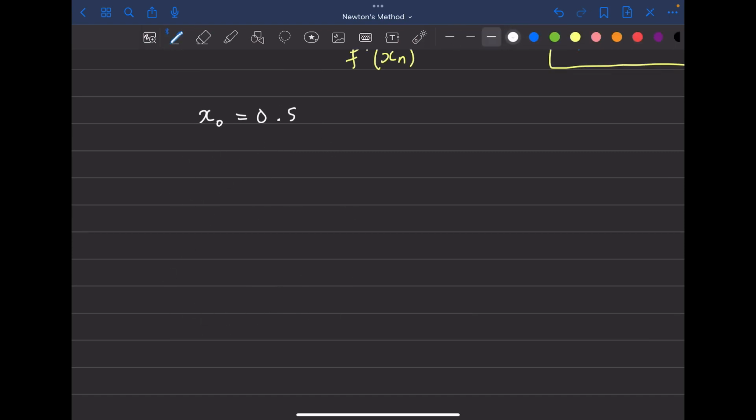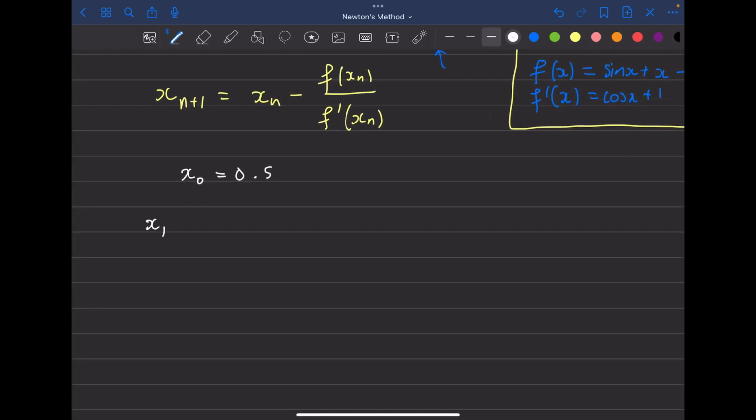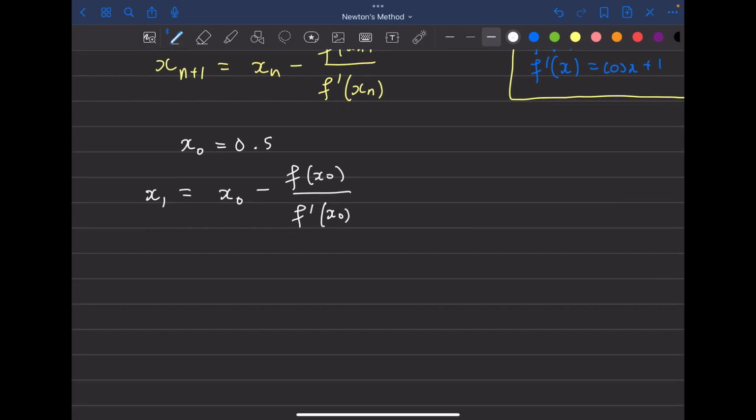Like I said, x0 is 0.5. If I write down the formula, we should get x1, because if n is 0, n plus 1 should be 1. So x1 is equal to x0 minus f of x0 over f derivative of x0. Let's plug these in.